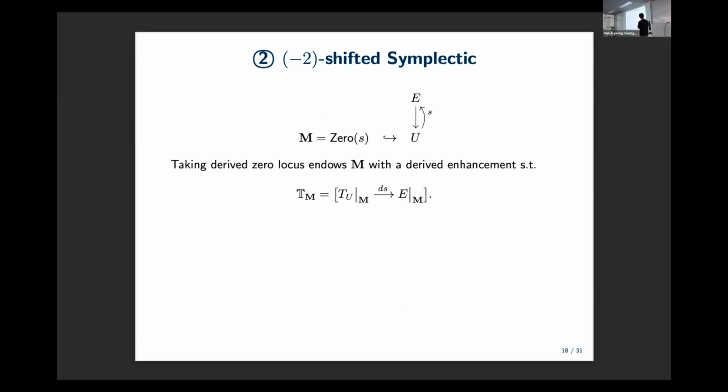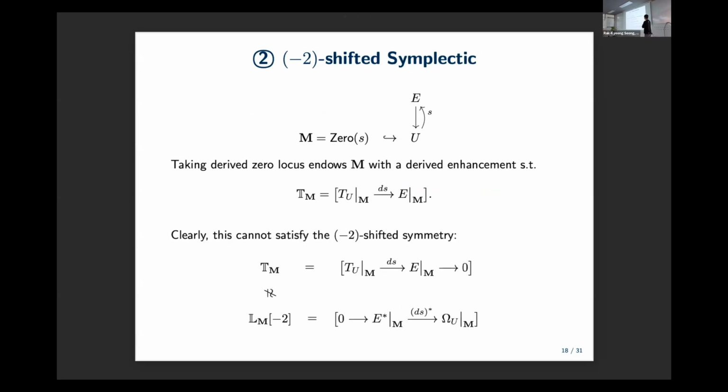But this shape is not what we want because it clearly doesn't satisfy what I talked about, this -2 shifted symmetry. The cotangent complex is given by dualizing this tangent complex, so they look like this, but then this is -2 shifted to here. But you cannot say that these are isomorphic in each degree. So this is clearly not symmetric in this sense.